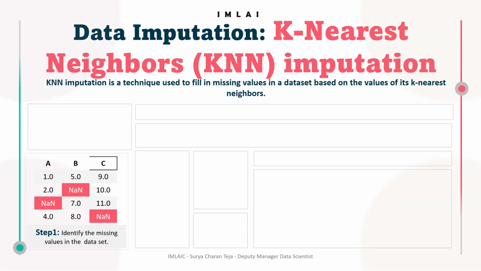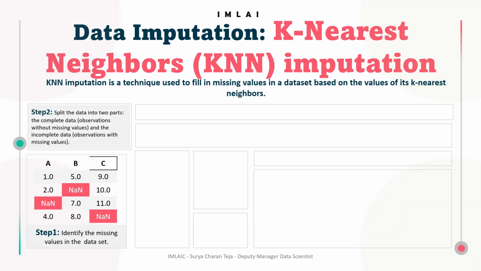Now, step 2. Once you have identified the incomplete data, we can move on to step 2, which is to split the data into complete and incomplete data sets. The complete data are the observations that do not have any missing values, while the incomplete data are the observations that have at least one missing value.